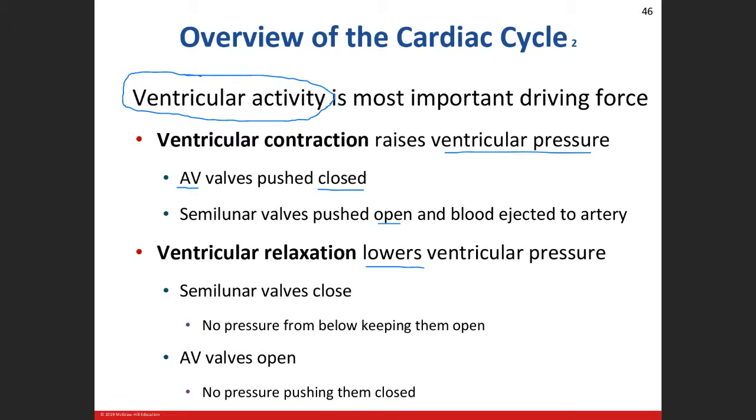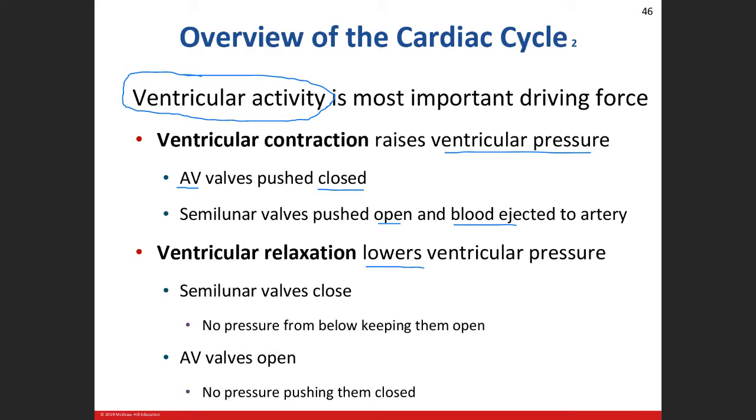And that's what happens with the semilunar valves. Remember, valves only open in one direction. So if you keep building up the pressure in your mouth and with your cheeks, eventually the air will escape through your lips. That's what happens here. We keep building up that ventricular pressure. Eventually, it's going to push the semilunar valves open, and we're going to eject the blood into the pulmonary trunk and into the aorta.